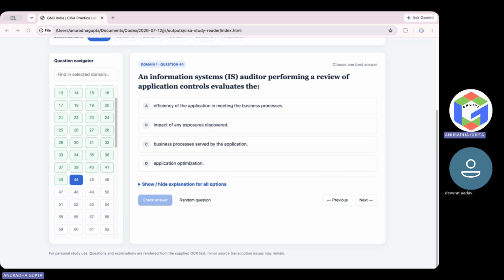So that we can mitigate the risk. This is the B option. C option is business process served by the application. Okay, so what kind of business process is being served by the application? That is again related with when the application will run, then only it serves the business process.